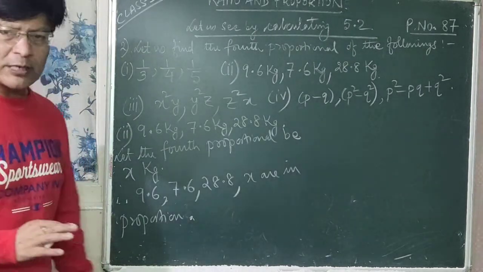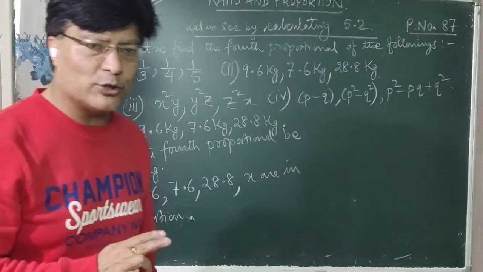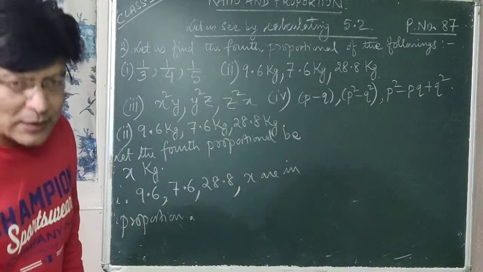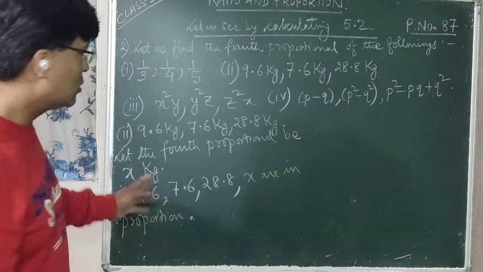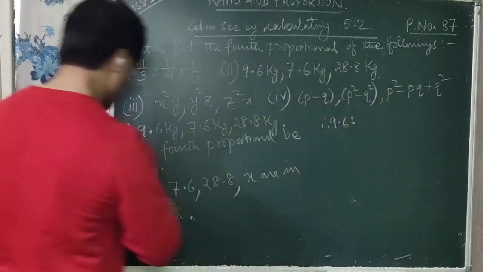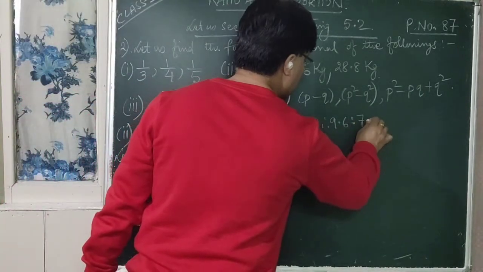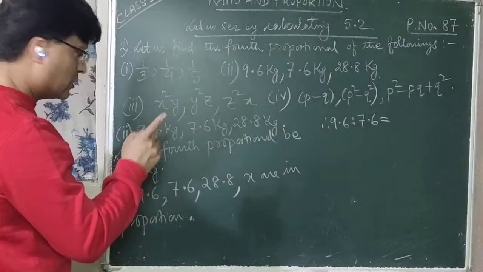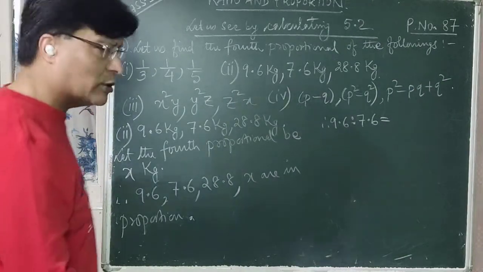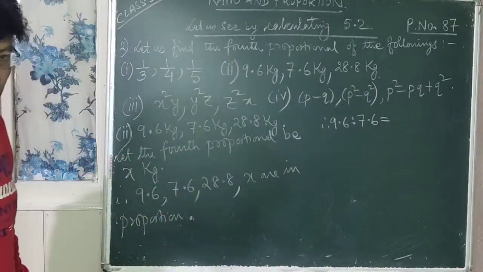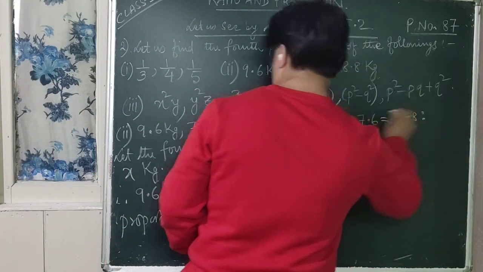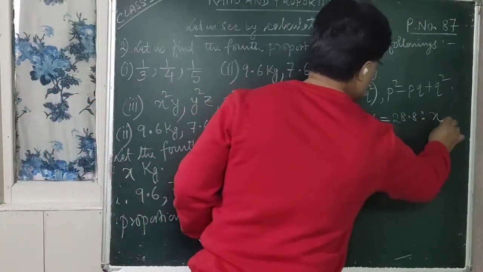So if these four numbers are in proportion, what can you write? The ratio between the first two terms is equal to the ratio between the second two terms, right? Therefore 9.6 is to 7.6 is equal to 28.8 is to x.